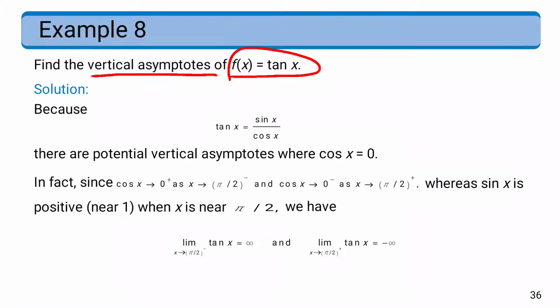We know that as the denominator approaches 0, this function will blow up towards minus infinity or plus infinity. We have seen that when you are dividing by something that is very, very small, which goes to 0, then the function blows up to plus or minus infinity. So that's why we want to consider the neighborhood where cos of x is equal to 0, to see what happens.